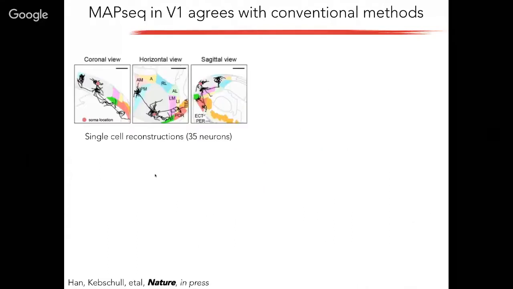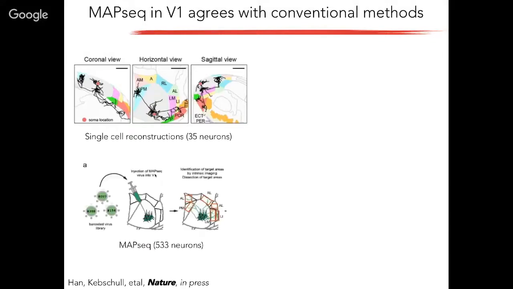I'll also say that more recently, we now have, in collaboration with Tom Mrsic-Flogel's lab, who did a bunch of single neuron reconstructions in visual cortex, compared their reconstructions, 35 neurons in a couple of years, to some MAPseq studies of those same projections, 533 neurons, in a handful of experiments.